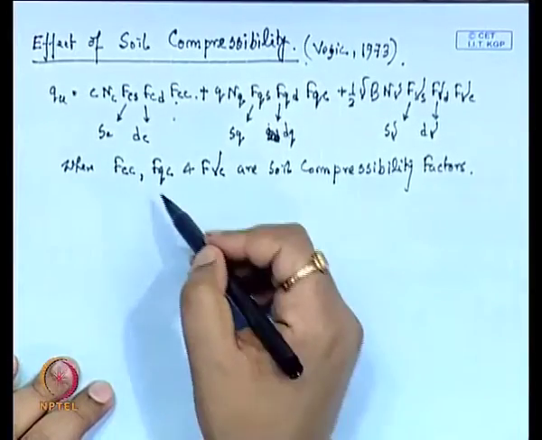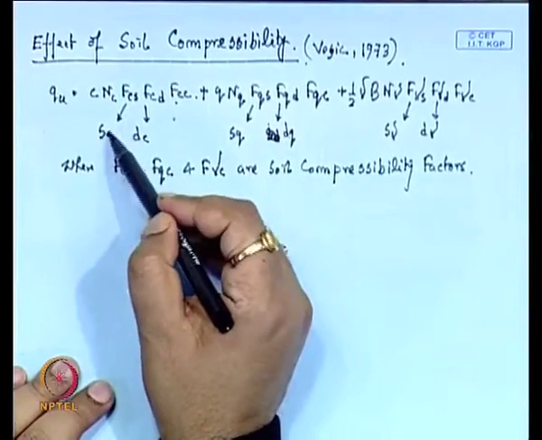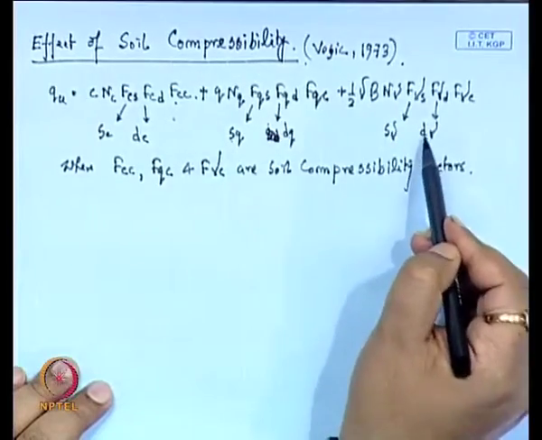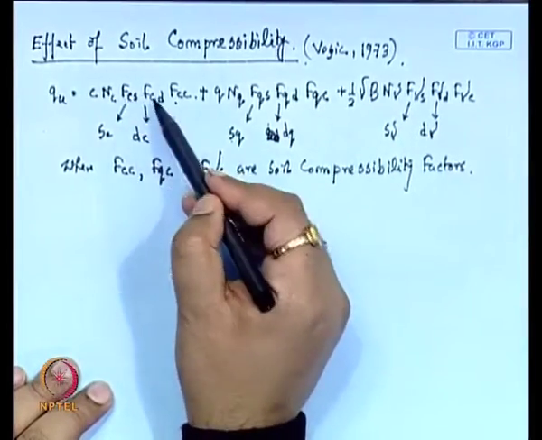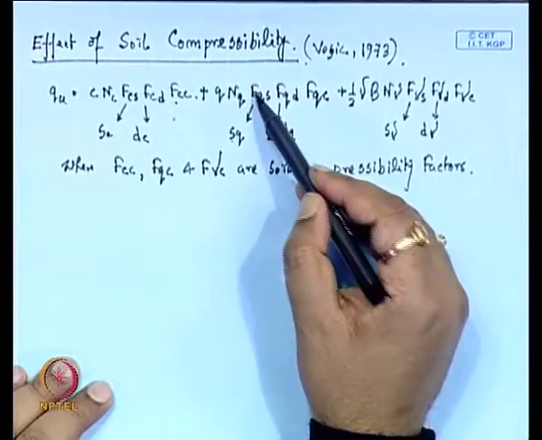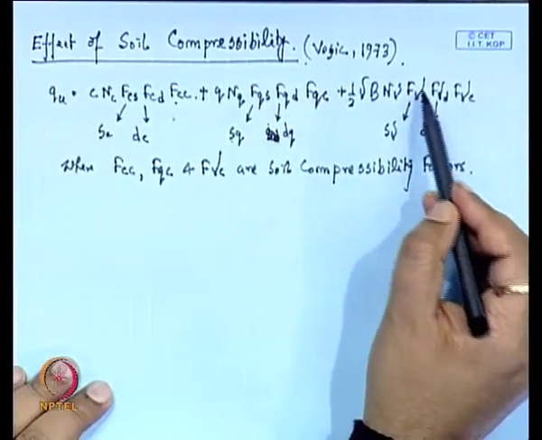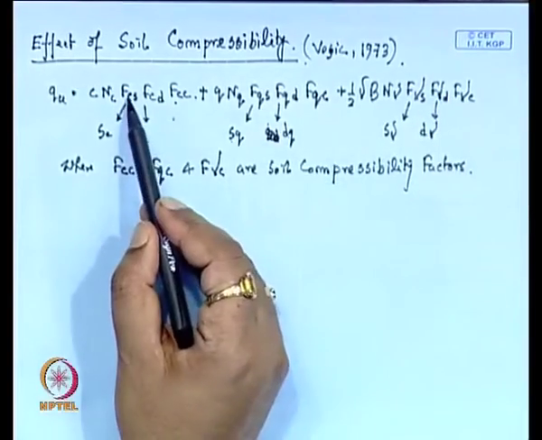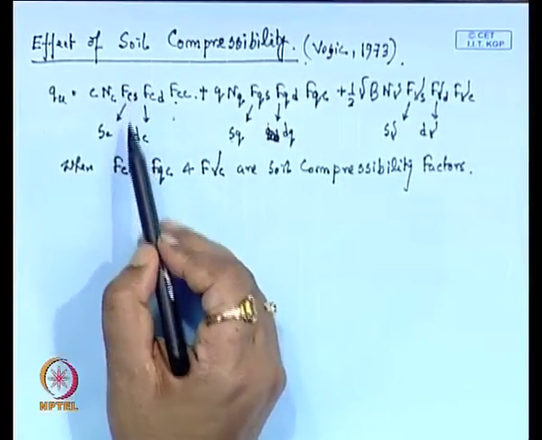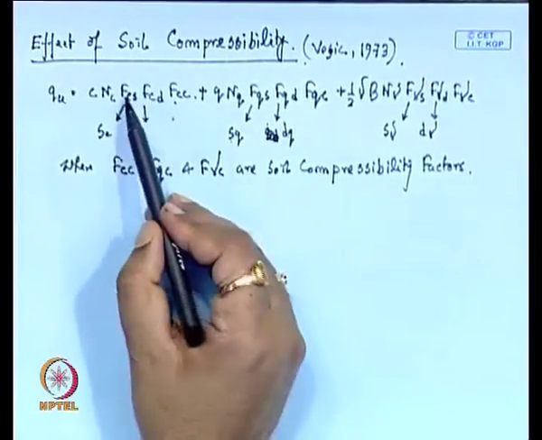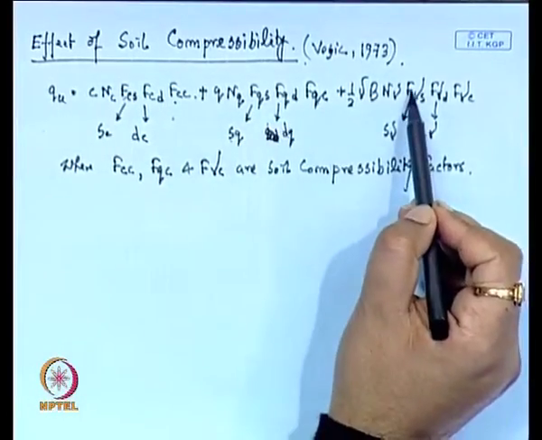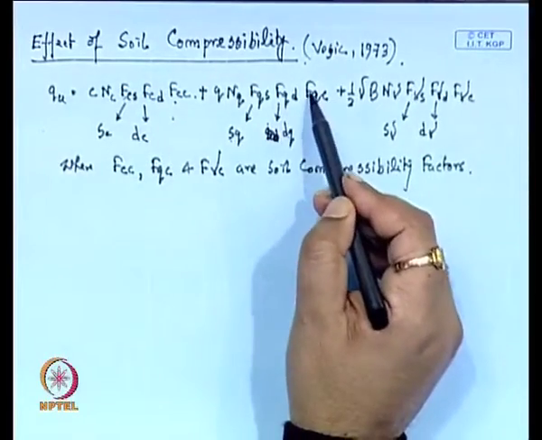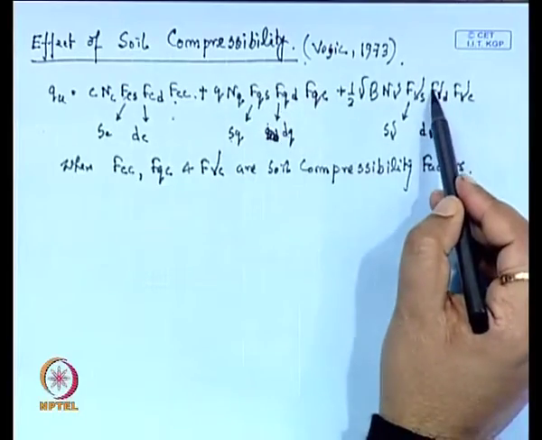So, Sc, Dc, Sq, Dq, S gamma, D gamma, or Fcs, Fcd, Fqs, Fqd, F gamma s, F gamma d, these are the correction factors for the shape factor, Fcs, Fqs and F gamma s, and this is the depth factor Fcd, Fqd and F gamma d.